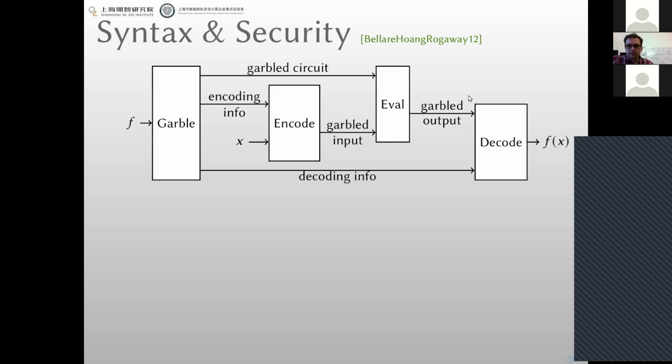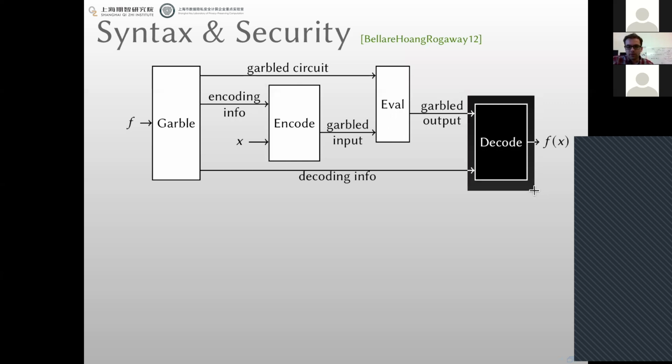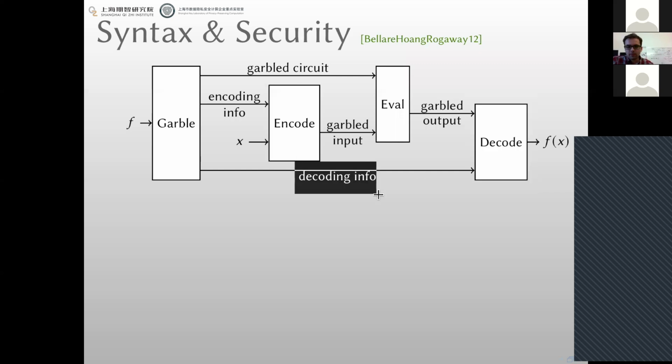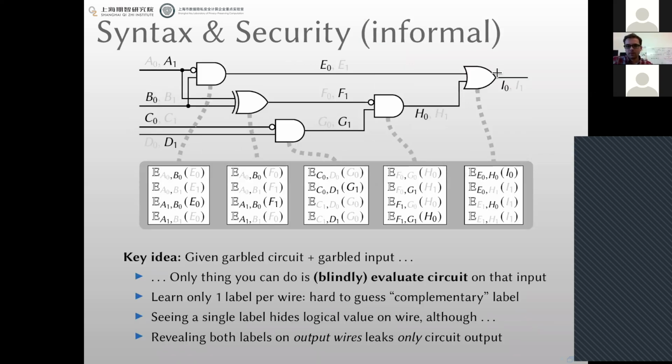And if you have the garbled output and you have both labels for all of the output wires, then you can figure out the value on that output wire, which is the output of the circuit, right? So if you know that the garbled output is I0 and you know both I0 and I1, then you can decode the output and say the output is 0 in this case.